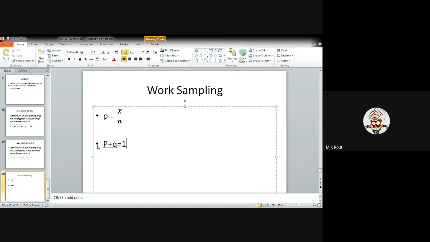I repeat, Q stands for probability of no occurrence. In bracket write down idle or not working state. So the next formula is P equals 1 minus Q.